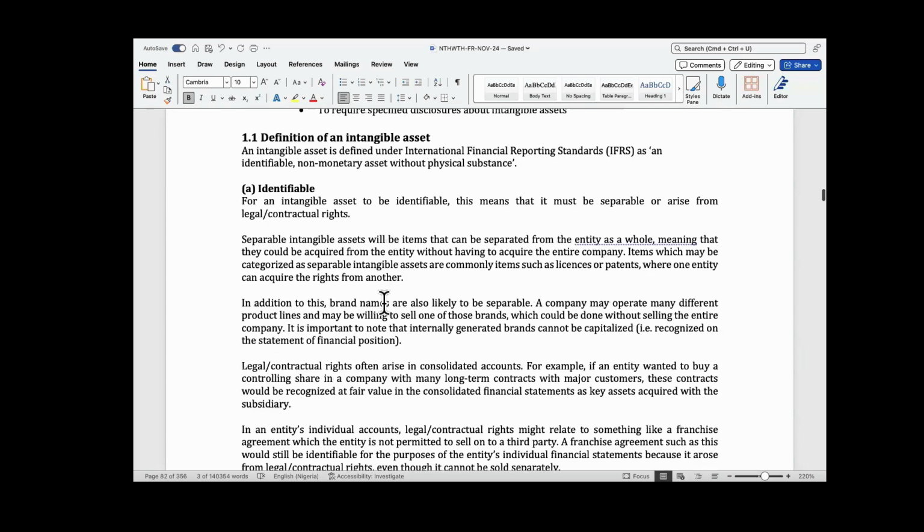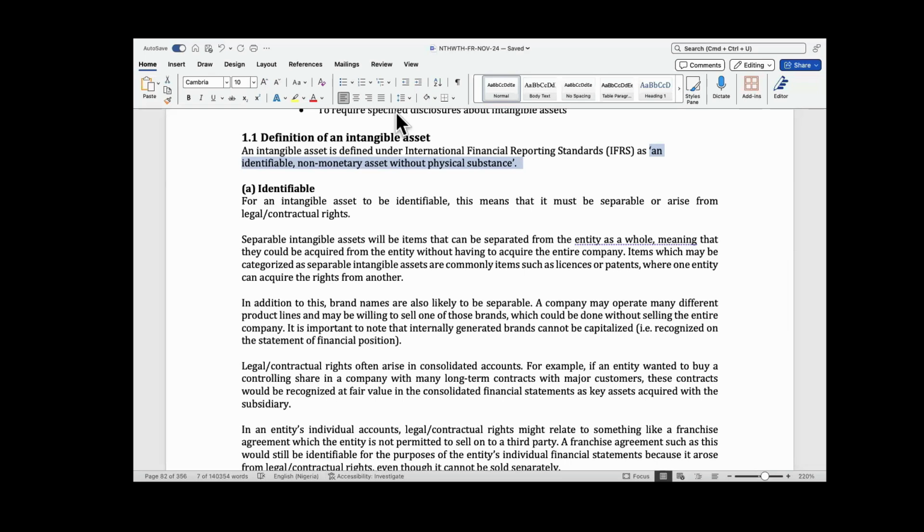Every time I'm teaching this particular topic, I know I have to explain each of these three items. But I always wonder, why did they come up with this kind of definition? Because if you look at it very closely, this definition is almost similar to what we did last week, PPE.